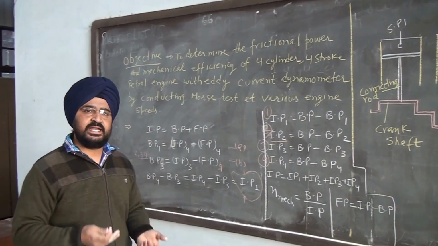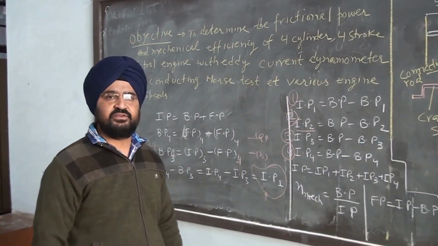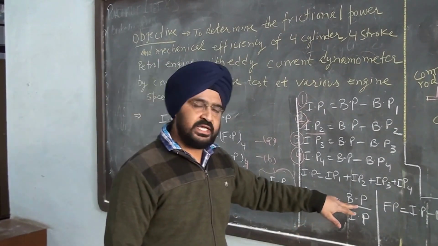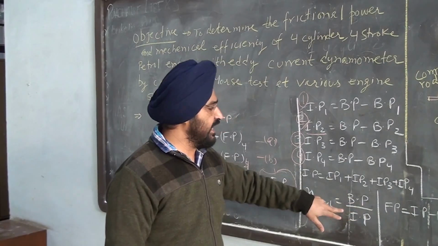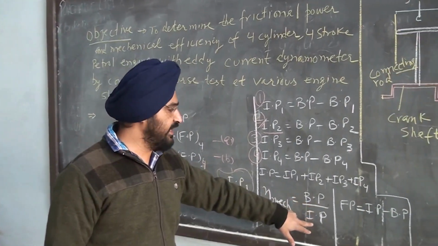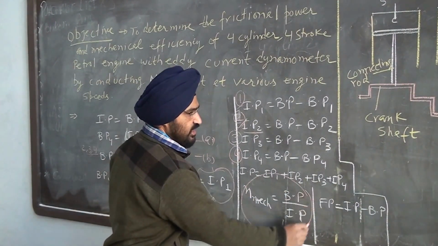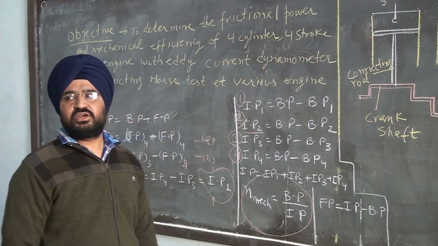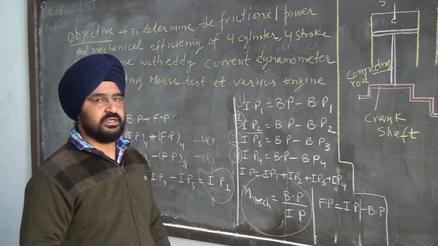Now once you get the indicated power, our next aim is to calculate the mechanical efficiency. Since we know the brake power of all the cylinders, brake power divided by indicated power gives the mechanical efficiency of the whole engine.